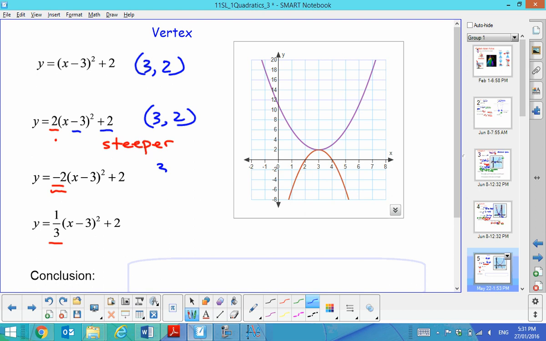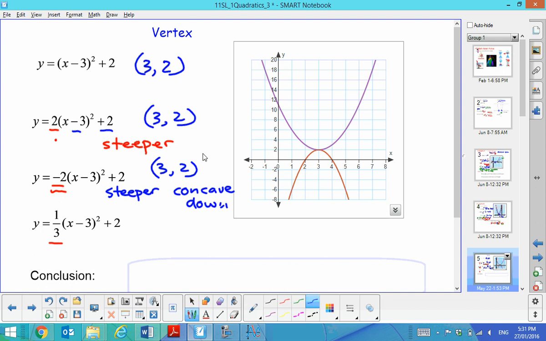So vertex still at 3, 2. It's steeper than the first one, but it's now, what's the correct term? Concave down.